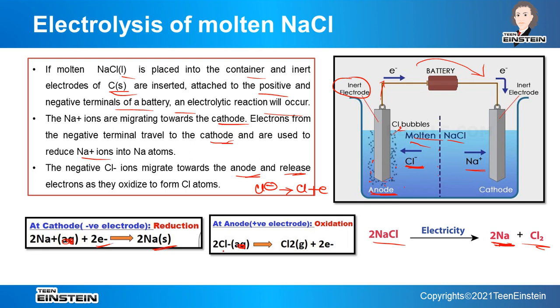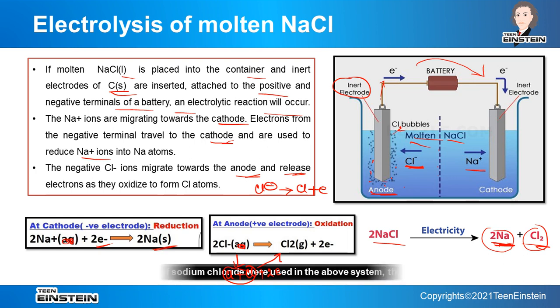And chloride is converted to Cl2 gas and 2 electrons. You can also write it as generation of 2 chlorine atoms and 2 electrons, and then these 2 chlorine atoms combine together to make chlorine gas molecule. So in this way, if we do electrolysis by taking molten NaCl, we will get metallic sodium and chlorine gas. Both will be produced.